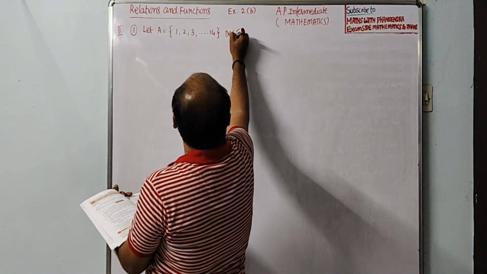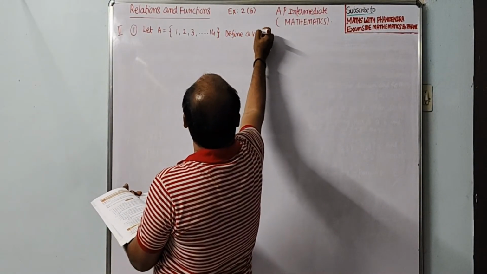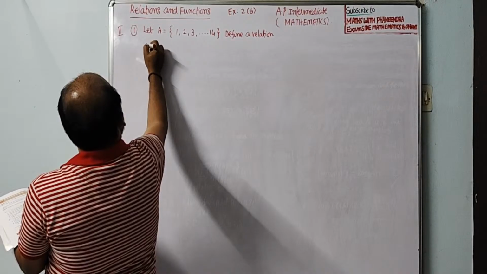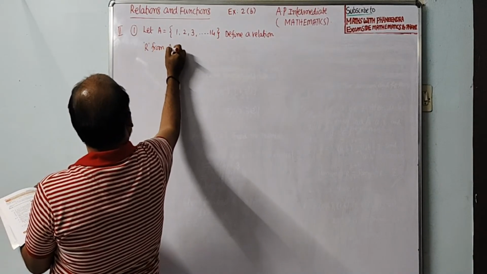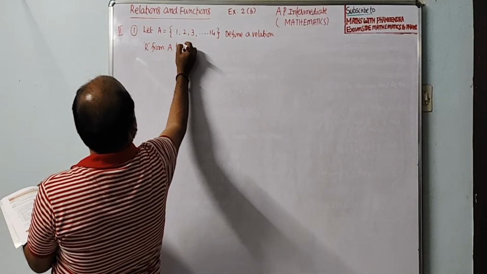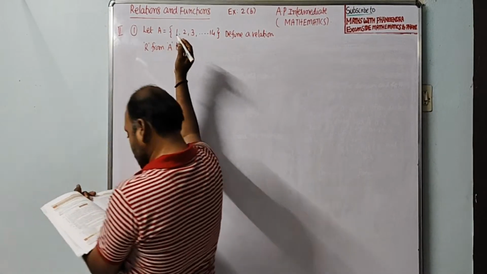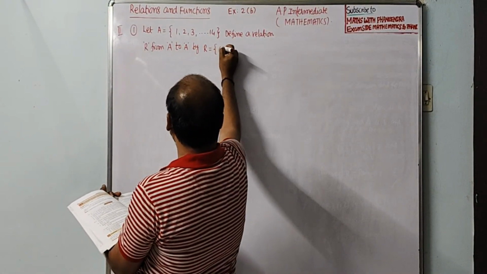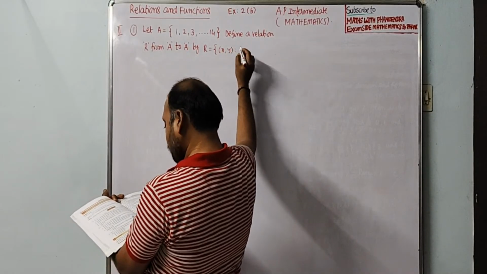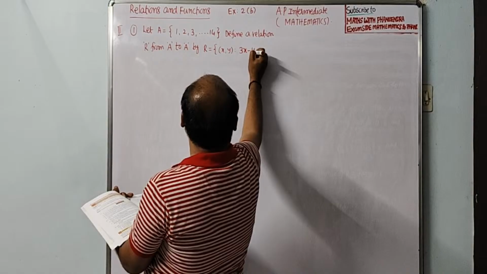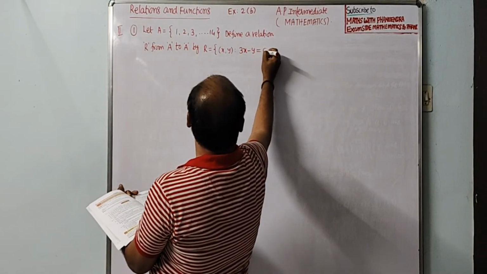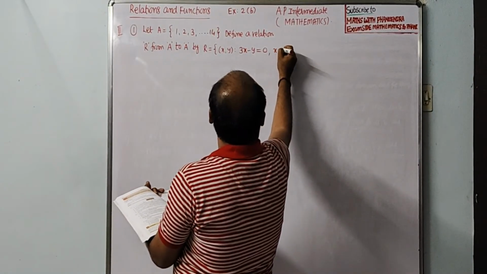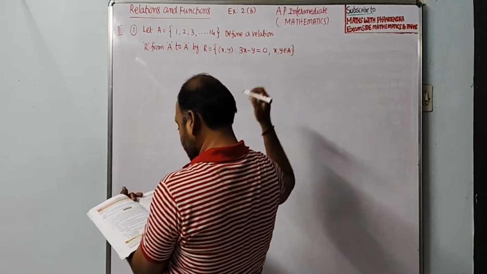Define a relation R from A to A by R equal to {(x, y) such that 3x minus y is equal to 0, where x, y both belong to A}.